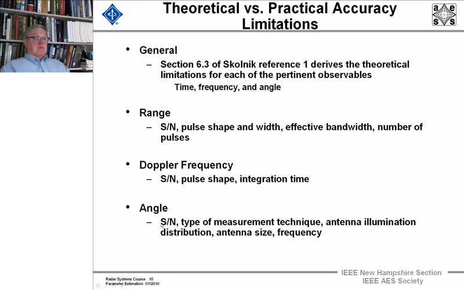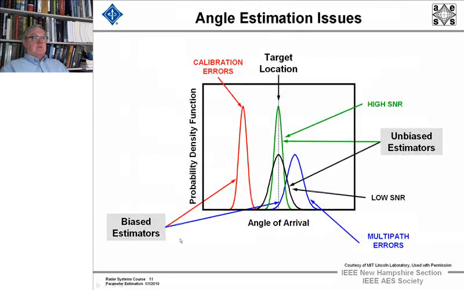And on angle, the signal-to-noise ratio, the type of measurement technique that's used, and you'll see when we measure angle and split the beam, so to speak, there are different ways to do that: monopulse, conical scan techniques, and we'll go through all those in detail. Also the shape of the antenna pattern, that is the illumination distribution of the beam, the antenna size, and the frequency. So the error in our accuracy limitations will depend on these different properties for angle measurements.